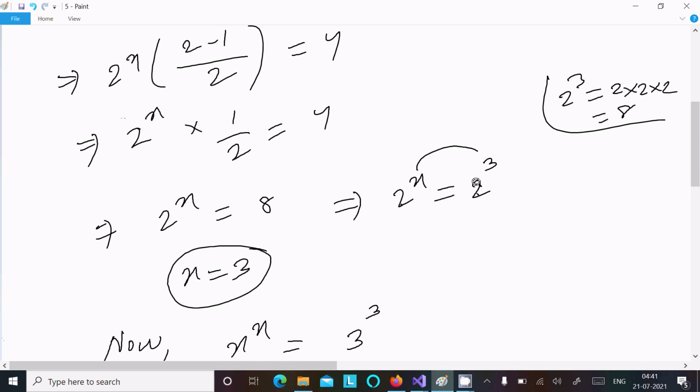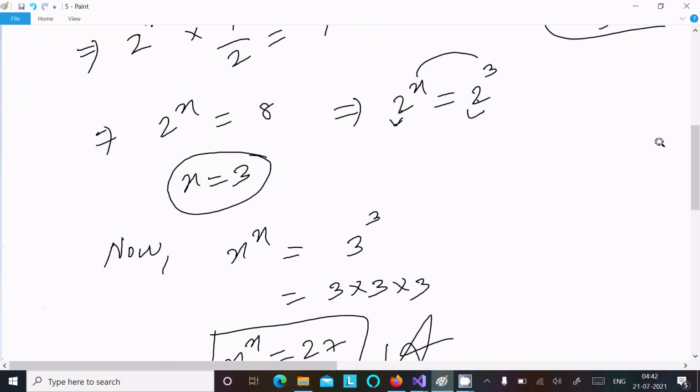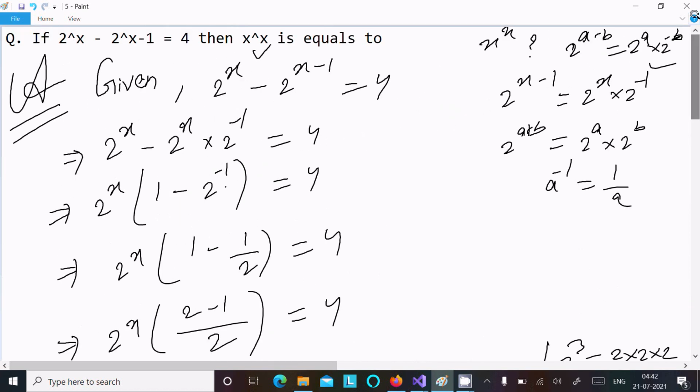We can write 8 as 2^3, so the base is the same, equate the powers, so x equals 3. Now we need to find x^x, so put x as 3: 3^3, that is equal to 27. So this is the way we can find the answer of x^x.